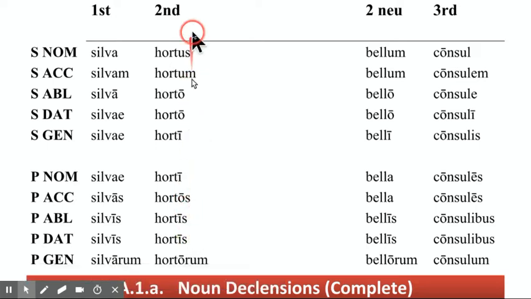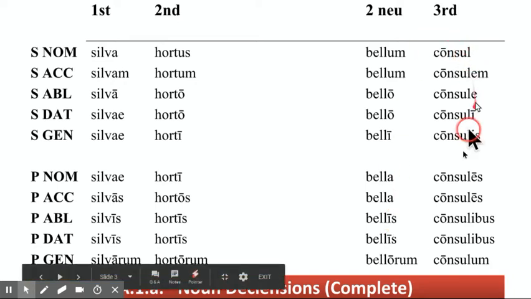You see a lot of us and everything you'd expect from the Romans. Second neuter is very similar to second declension, except unlike second declension, which is masculine, second neuter is, well, neuter. And so the forms are very similar. And then finally, third declension, we'll be seeing these, are nouns that are a little different.